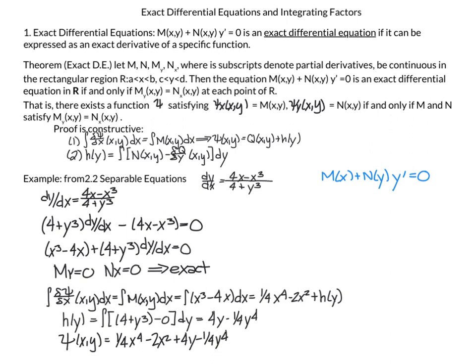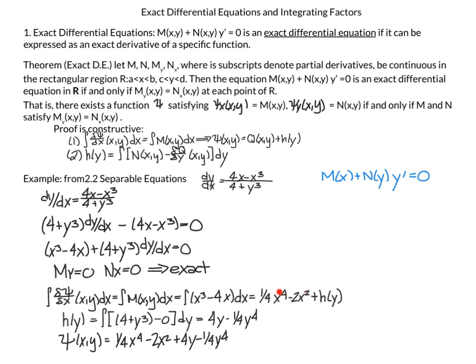And then just following the same method for finding psi. So I have psi is equal to the integral of M, so I plug in M, which is x cubed minus 4x dx. With respect to x, I get 1/4 x to the 4th minus 2x squared plus h of y. And then following my procedure for finding h of y, that's the integral of N, here is 4 plus y cubed, minus the derivative of q. Where is q?